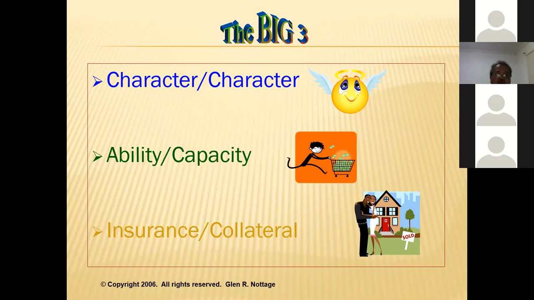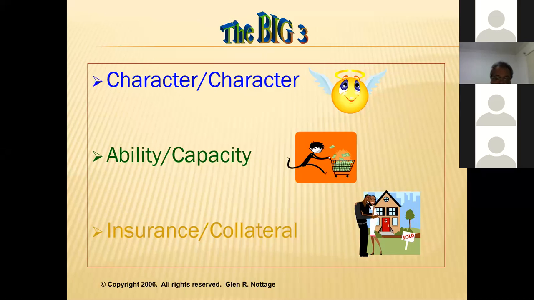So if you, in doing a loan, do character, ability, and insurance, or character, capacity, and collateral, you should be able to do a pretty good loan just using those 3.